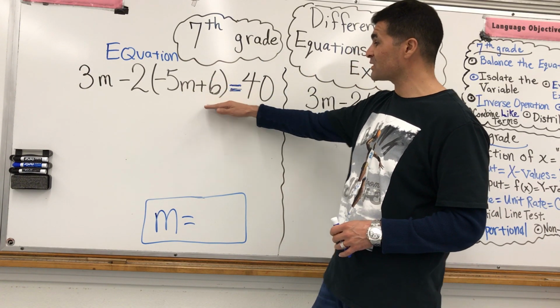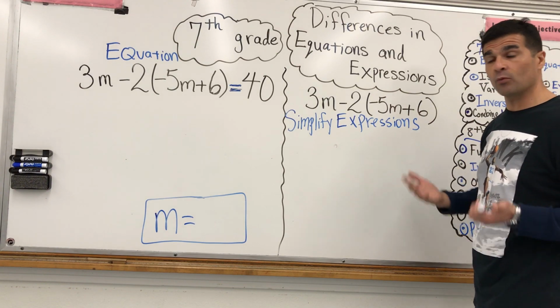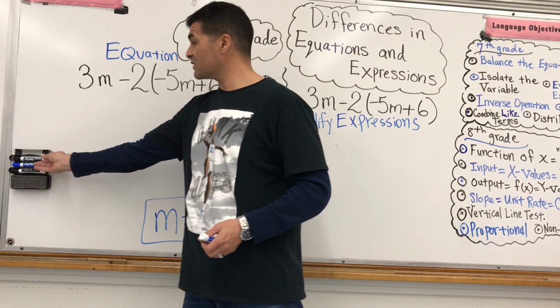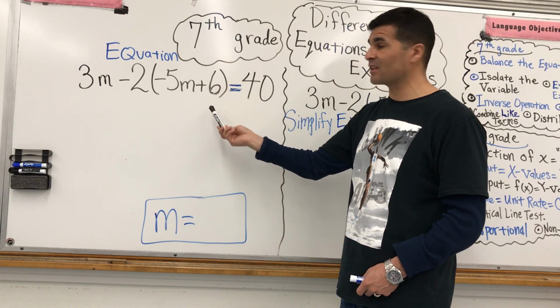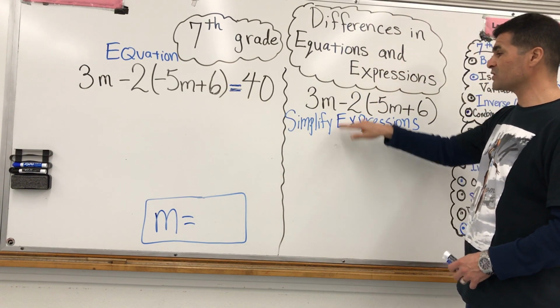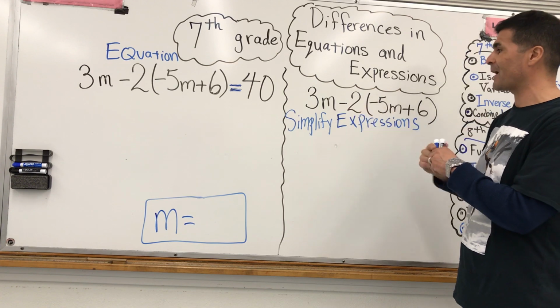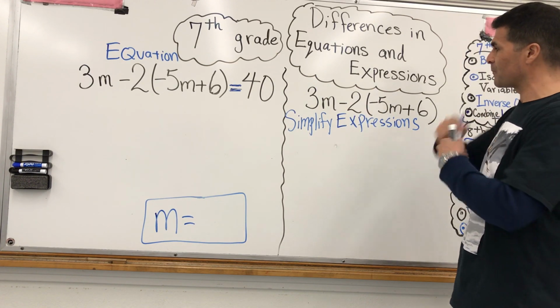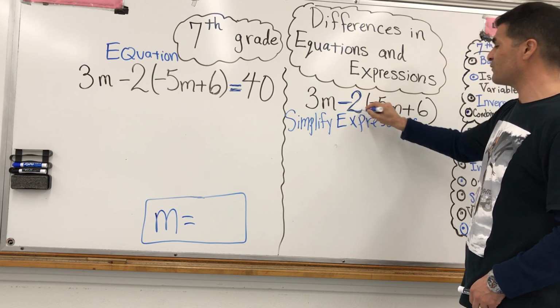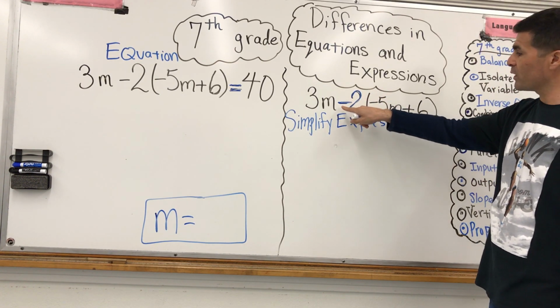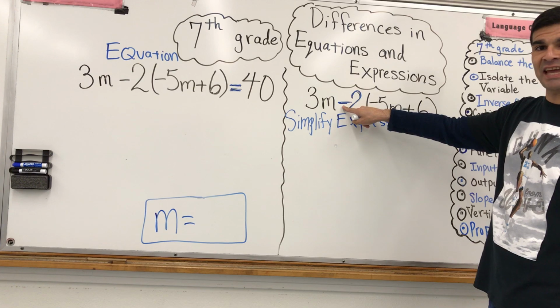Even though this has an equal sign and this doesn't, we'd actually start with the same first step. Whether we're using an equation and trying to isolate the variable, or an expression where we're trying to simplify it, we're going to use the distributive property. We're going to use it with this number, negative 2. That minus sign, we're going to treat this 2 like it's a negative 2.